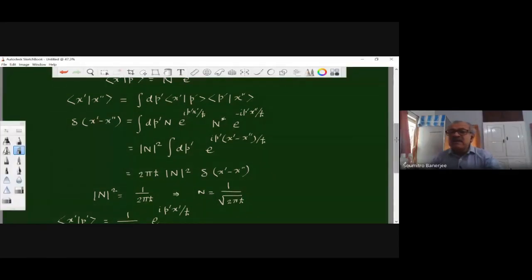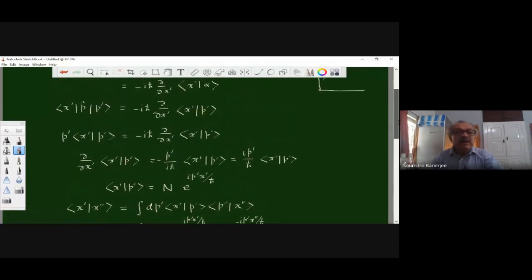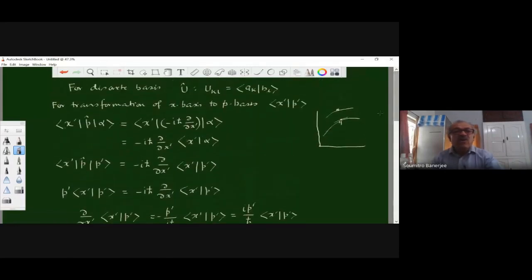We earlier learned that in order to have a basis transformation of the A basis to B basis, these were discrete bases, we had to have a matrix whose elements were these.